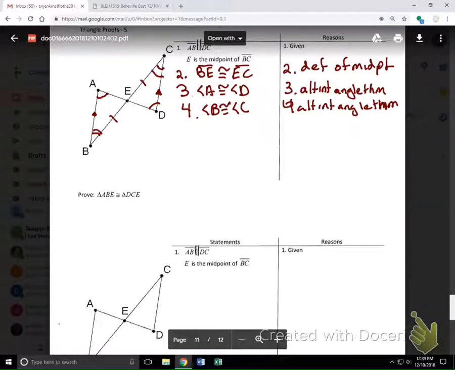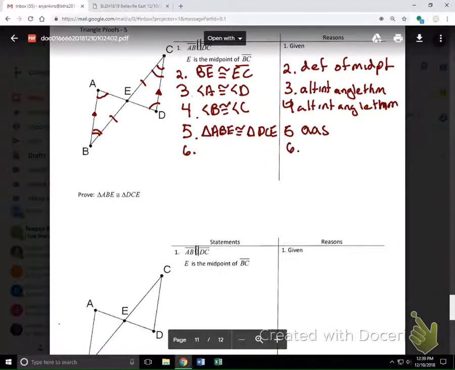So now I have two angles and a side. My side is not between my angles, so I can say that triangle ABE is congruent to triangle DCE. And I can say this because we have two angles and one side, and the side is not inside the angles, by angle, angle, side.